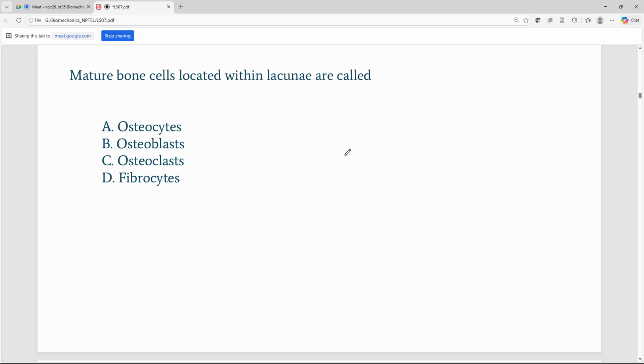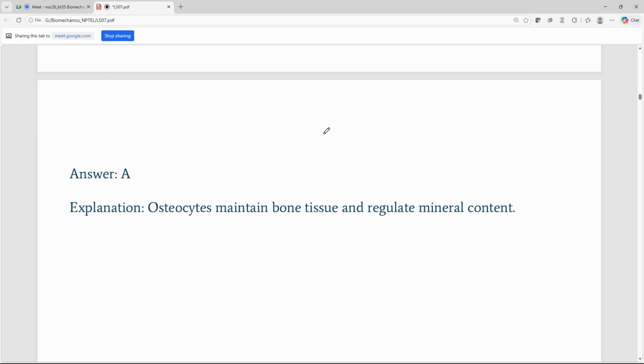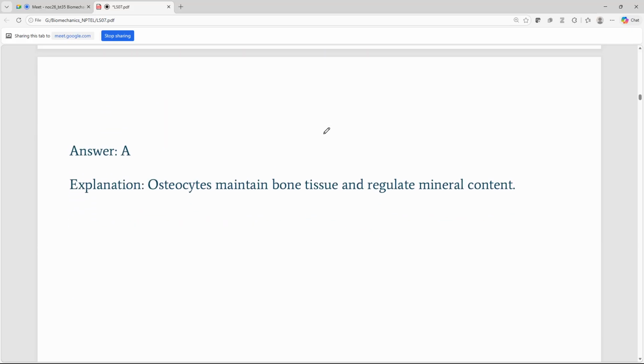Osteocytes, that's our answer. Osteocytes are the mature bone cells located within lacunae, and these osteocytes maintain the bone tissue and regulate the mineral content. The word itself says these maintain.